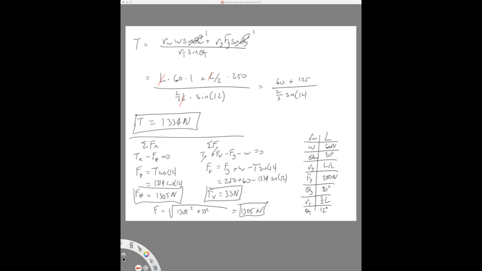If you want to know in terms of pounds, that's like around 300 pounds. Okay, so you can clearly see how you can get injuries in this way. All right, any questions?